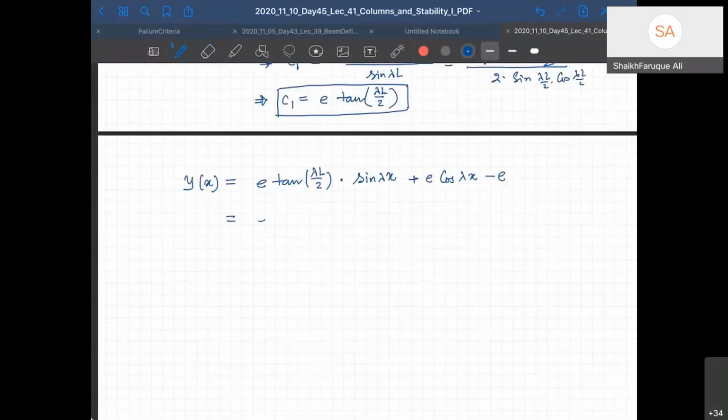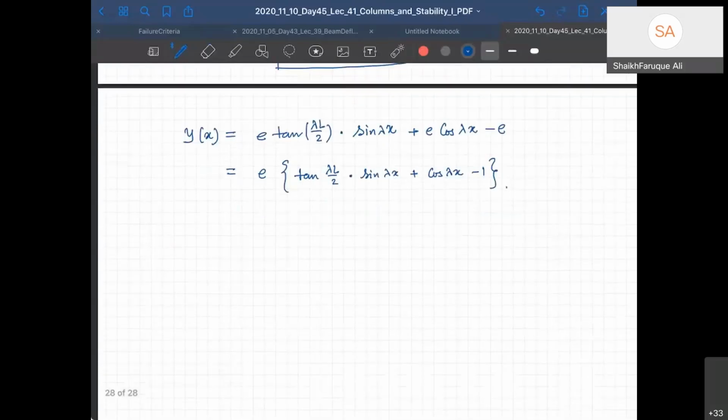So I can take E out, and this can be written as tan lambda L by 2 sine lambda x plus cos lambda x minus 1. Okay, so that's going to be your deformation, or buckling deformation, when you have eccentric load.